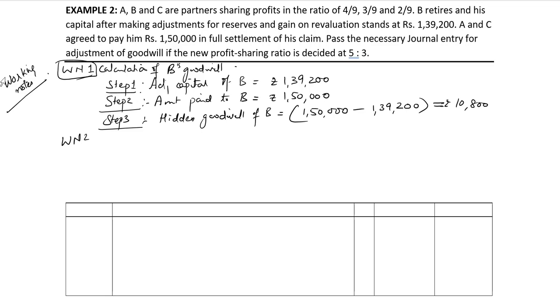Second working note, we need to calculate the gaining ratio between the gaining partners A and C. In the case of partner A, old share 4/9 minus the new share 5/8.